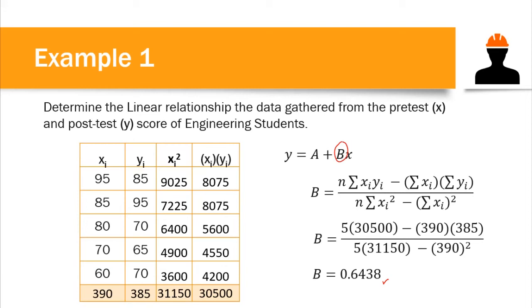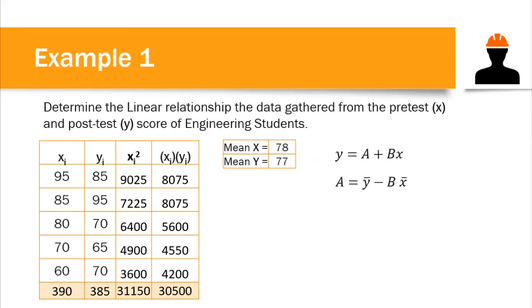And now we compute for the constant a. To compute for the constant a, we will just be needing this formula: the mean of variable y minus the coefficient b times the mean of variable x. So we compute the mean.